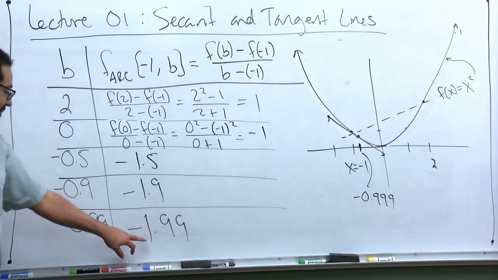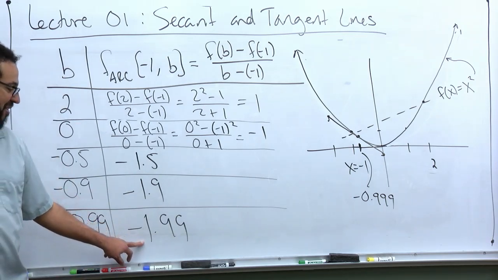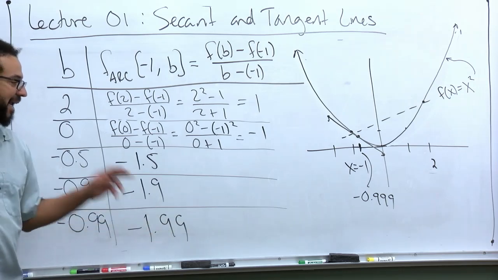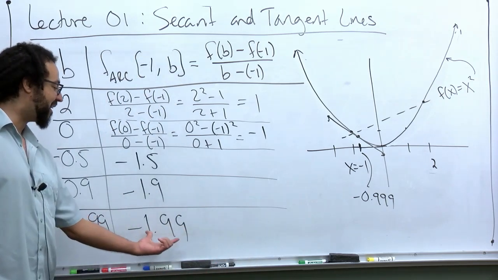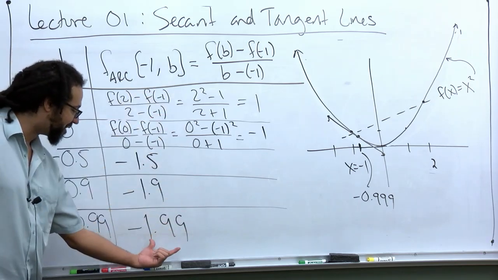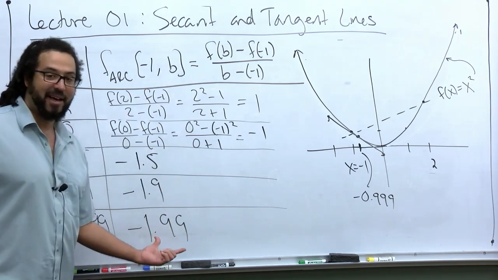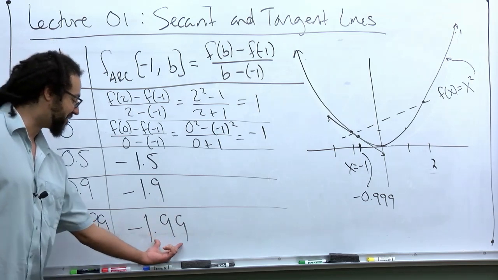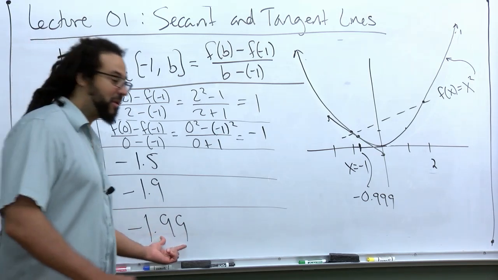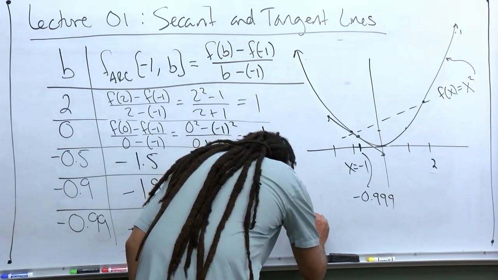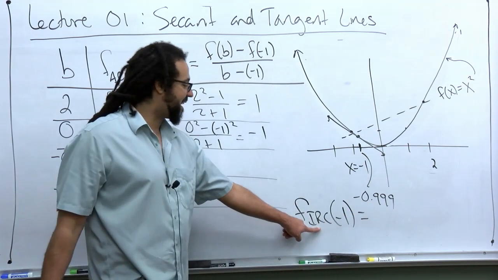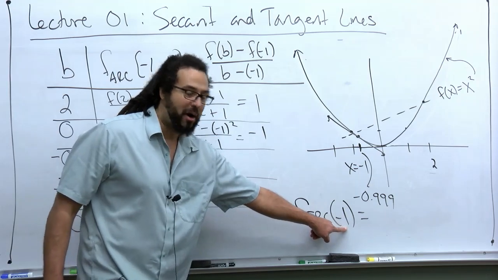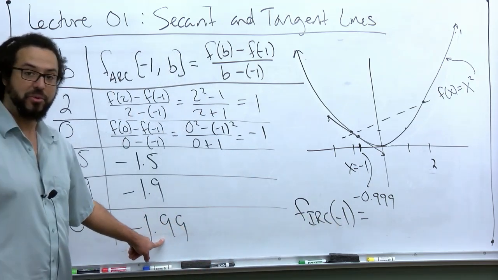And so there we would get that the slope is -1.999. And so now we're ready to make a guess that the instantaneous rate of change, based on this table of values, we can guess that the instantaneous rate of change then is -2. So we're going to make the guess that the instantaneous rate of change at -1 is -2.